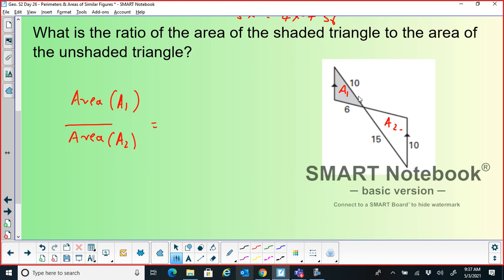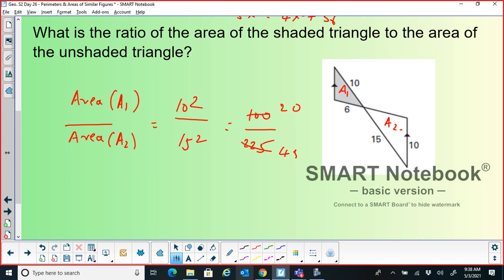So 10 squared over 15 squared. So I'll have here 100 divided by 225. Further, I can simplify based on 5 to get 20 and 225 divided by 5 gives us 45.